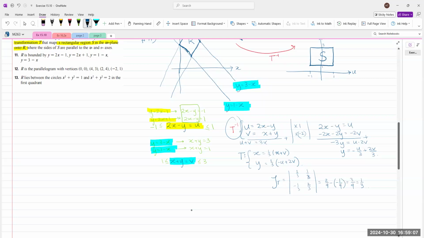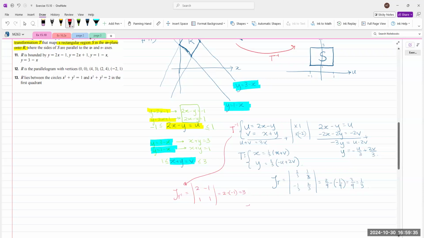Okay, but suppose I don't need to find the transformation T. Can we find the Jacobian of T without finding T itself? The answer is yes. It is by finding the Jacobian of T inverse. The Jacobian of T inverse will be 2, -1, 1, 1. That is 2 minus -1, which is 3.